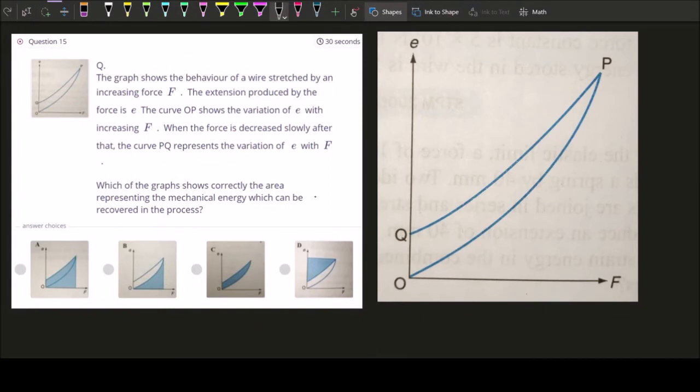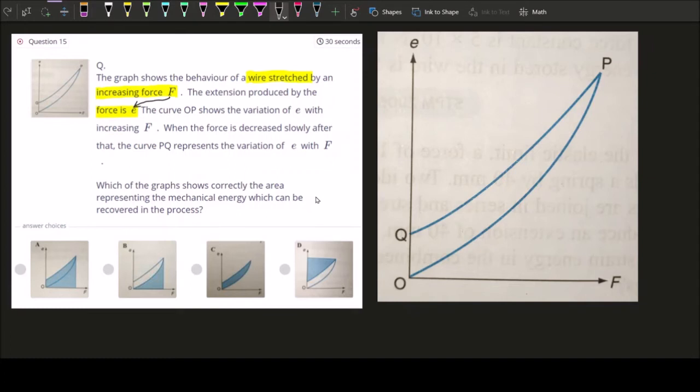Okay, question 15. The graph shows the behavior of a wire stretched by an increasing force. So you have an increasing force and it causes the wire to be stretched. The extension produced by the force is e.